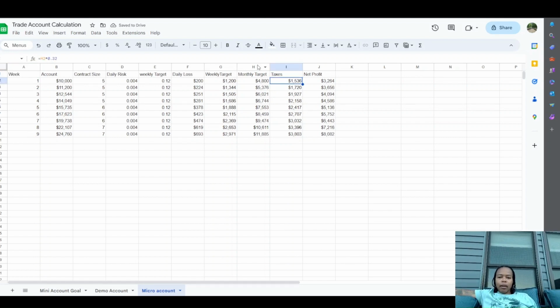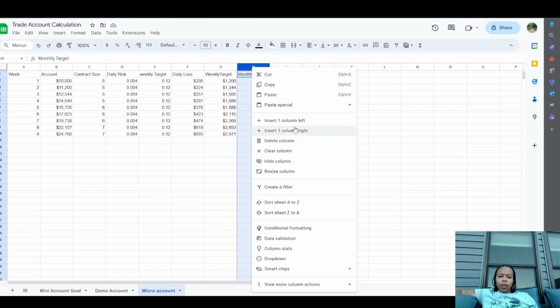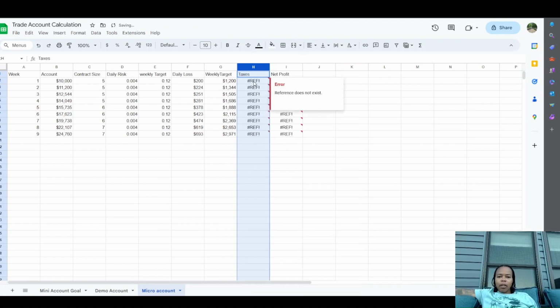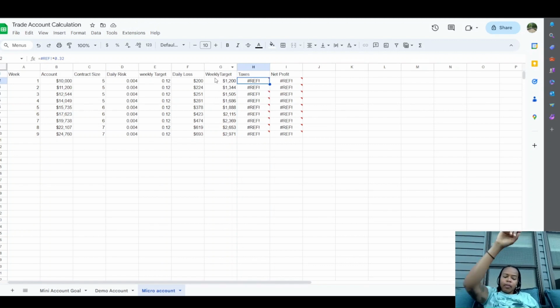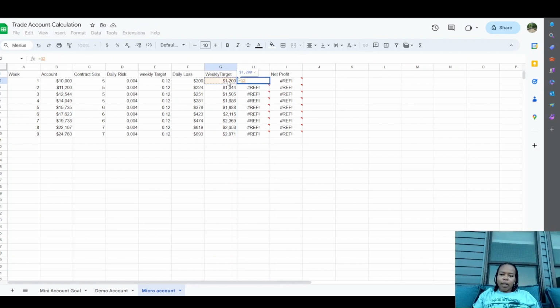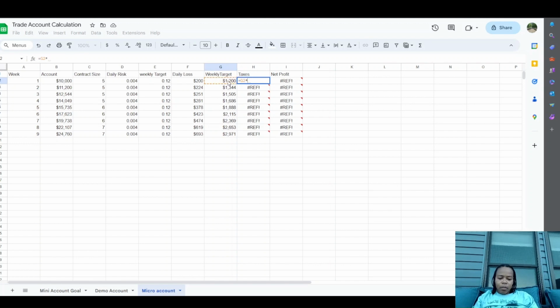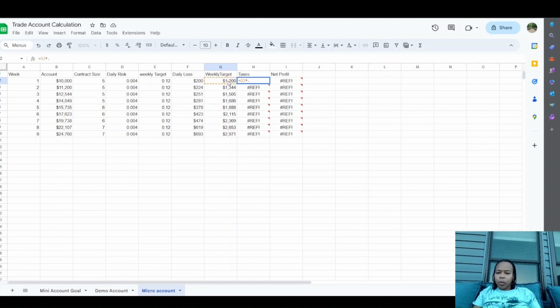All right, let's do a little adjustment. Let's delete that column, and then this should be equal to that times 0.32.